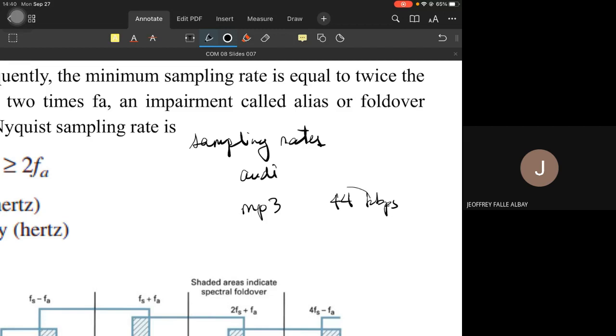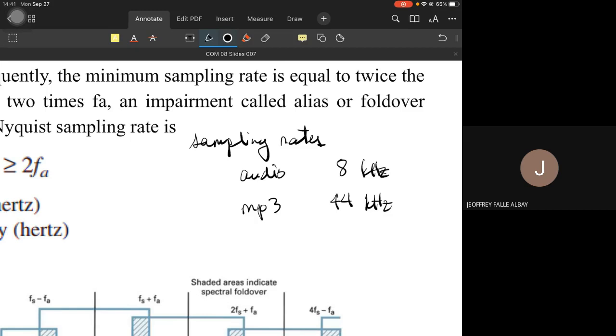Ang audio, this is just for comparison, no? Ang audio is sampled at 8 kHz. Line speed, kbps. Para sa sampling rate, hertz, kilohertz. 8 kilohertz.